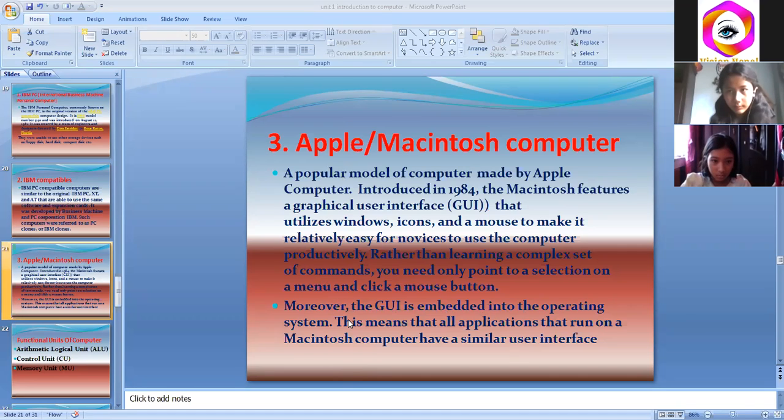Then after we'll talk about the advantages and disadvantages of computers. So please write it. Okay, done.